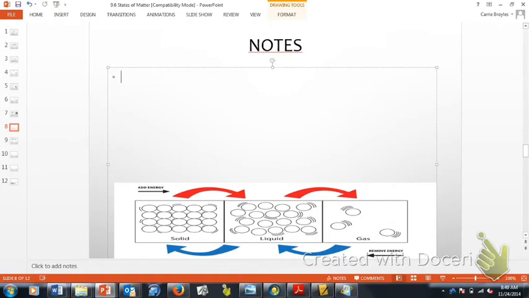So let's look at the picture that we have here at the bottom of your paper. We look at the three different states of matter, and with the red arrows, if you notice how it goes from a solid to a liquid and liquid to a gas, you add energy. And of course, this energy that we're talking about is heat. So what I want you to write here is that as temperature increases, so does the particle movement.